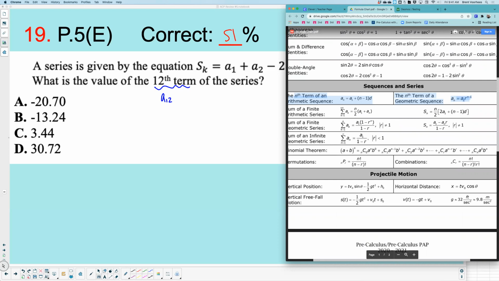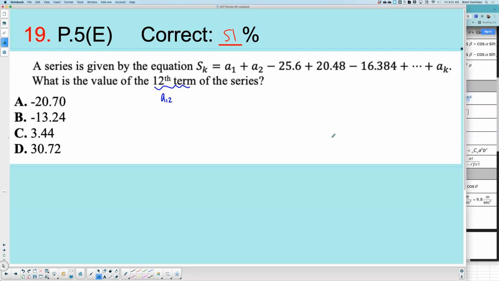I check arithmetic first. I'm going to look at A3, then A4. If it's arithmetic, that means you add or subtract to get from each term. Okay, if you are going to add a number, ballpark it for me. Ballpark just means round. It doesn't have to be exact. If you start at negative 25 and you get to 20.48, what did you have to add to get from this one to this one?